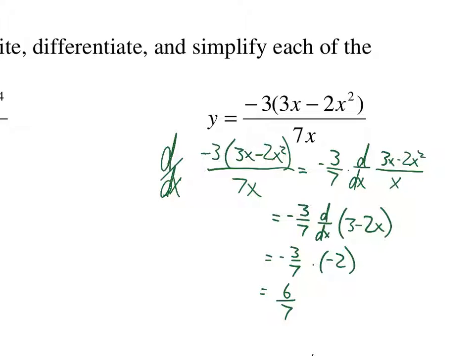So there are cases where it may appear you need the quotient rule, but especially when there's a monomial in the denominator, you often can get away with not having to.